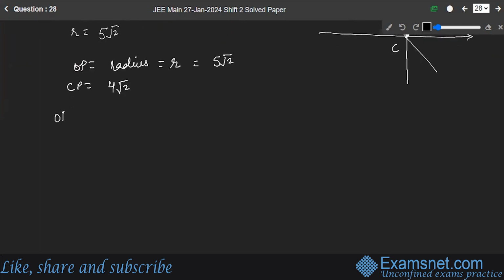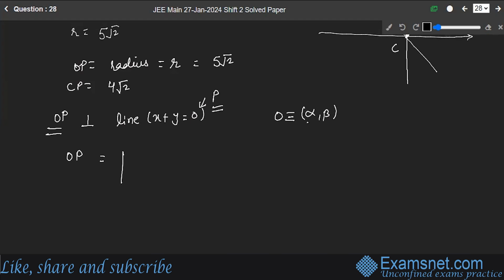So OP is perpendicular to the line x plus y is equal to 0. Therefore, OP will be given by the modulus of alpha plus beta plus 0, divided by root of 1 square plus 1 square. This is equal to 4 root 2.